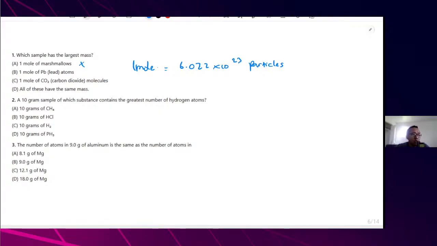So how to answer this one is very simple. Just pick the substance with the heaviest atom. That mole will weigh the most. So the answer should be B. Why?